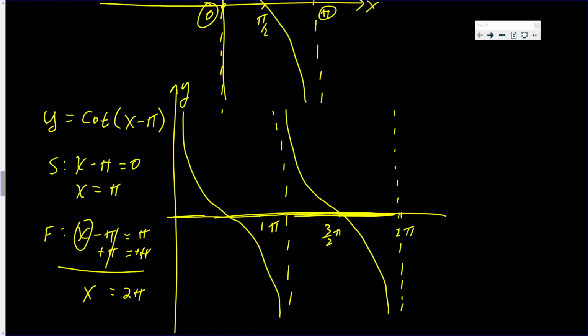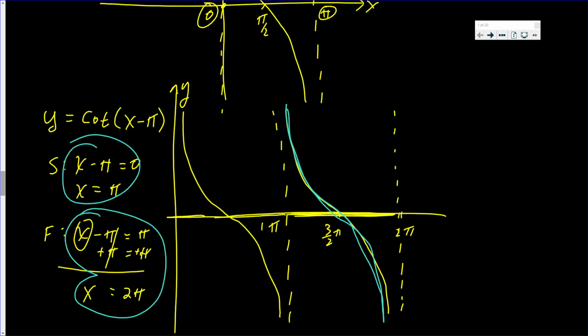But if the instructions just say to draw one period, it doesn't matter which one you draw. The one that I have is just perfect. I let the angle equal 0. I found my start. I let the angle equal pi. I found my finish. And in between my start and my finish, I drew the cotangent graph.